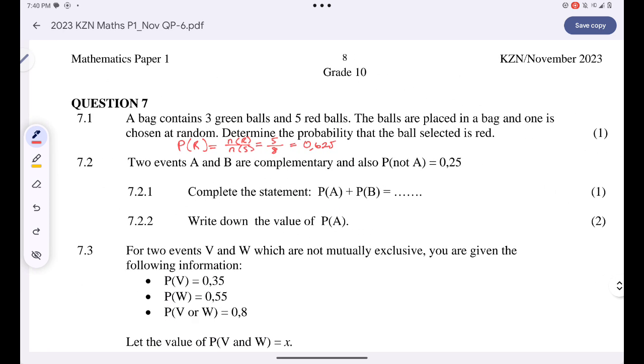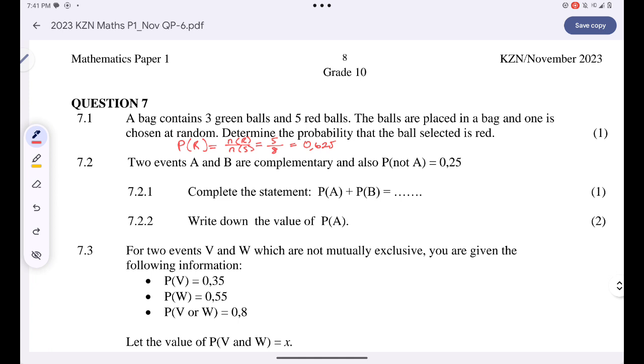Then 7.2, we are told that 2 events A and B are complementary, and also the probability of not A is equal to 0.25.